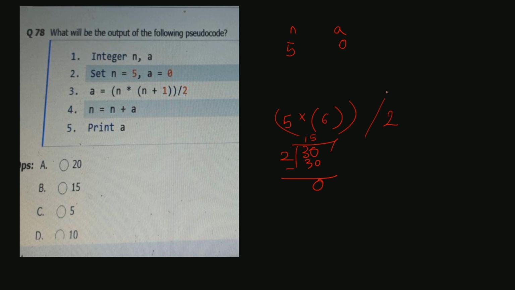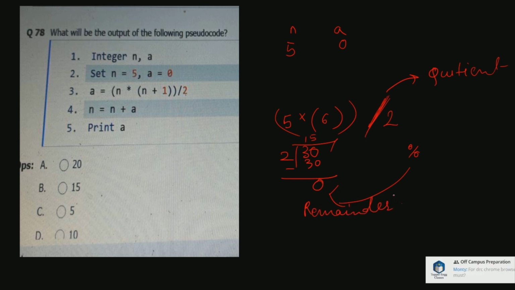See, keep in mind that whenever there is a divide operator like this, then we will see the quotient, and when there is a modulus operator, then we will see the remainder. Okay, this is very important. Now the value of a will become 15 as we are seeing the quotient.